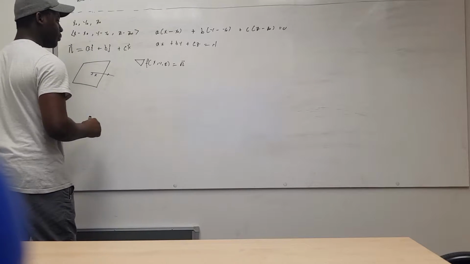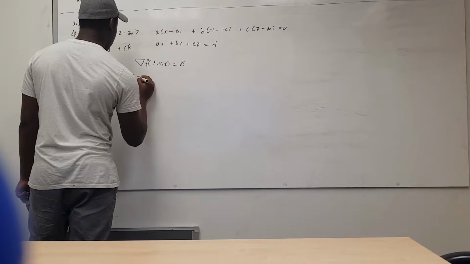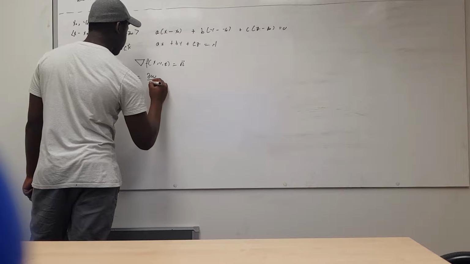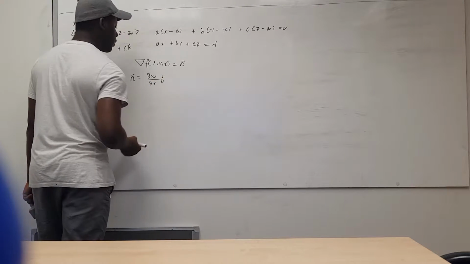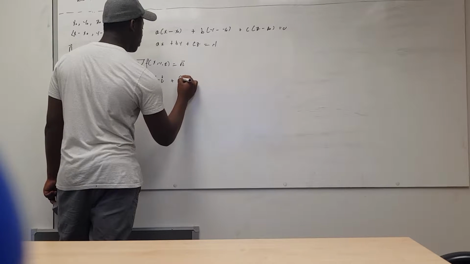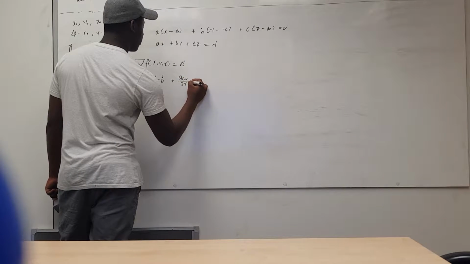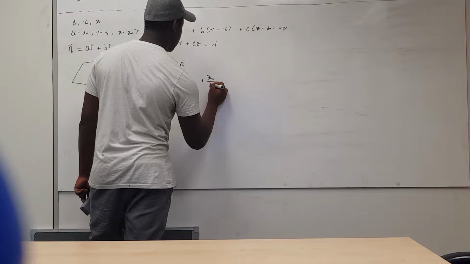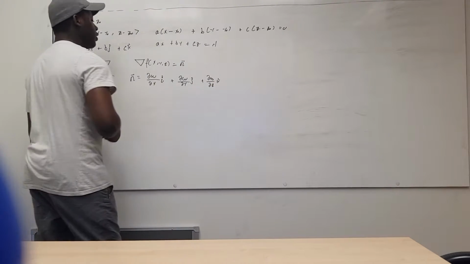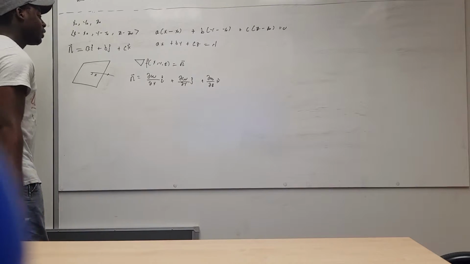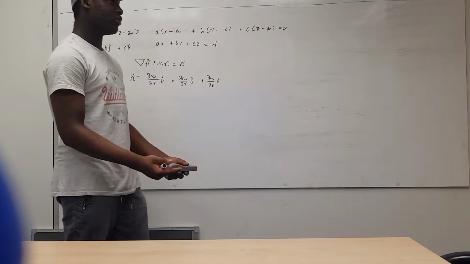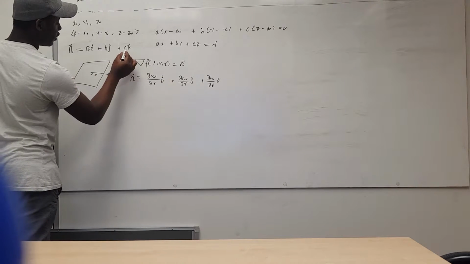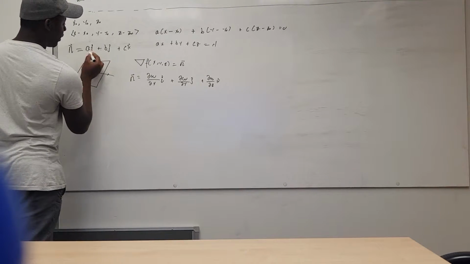Therefore, we can say that the normal is equal to the partial of w with respect to x, plus the partial of w with respect to y, plus the partial of w with respect to z. So this is the normal vector.